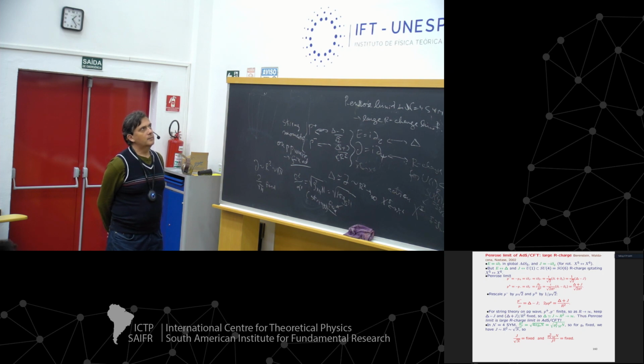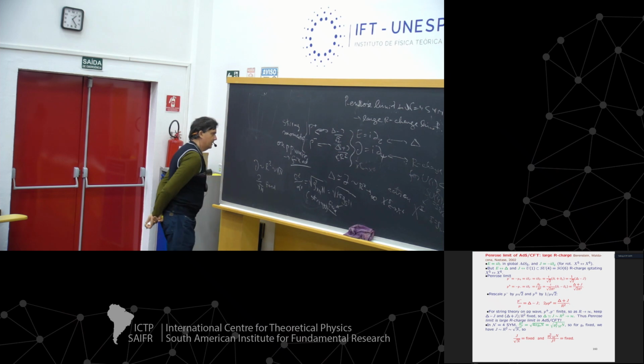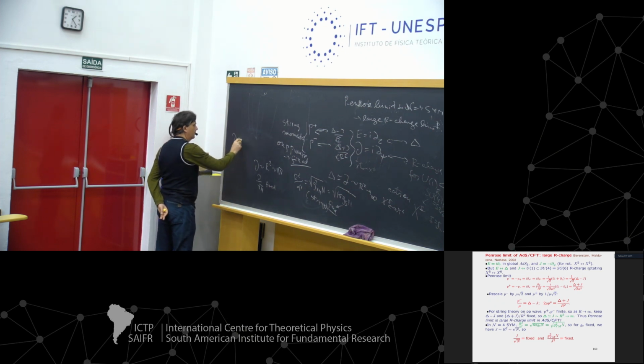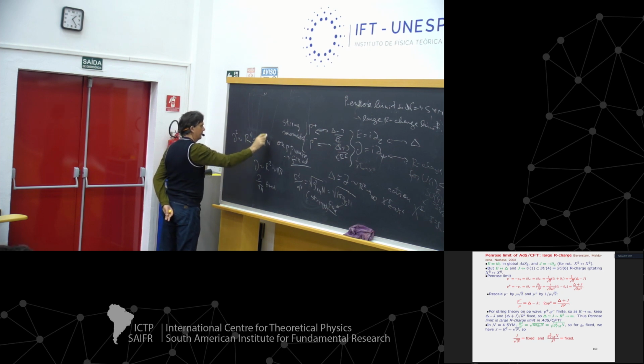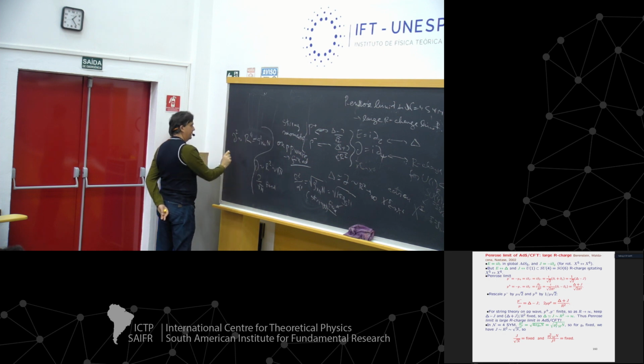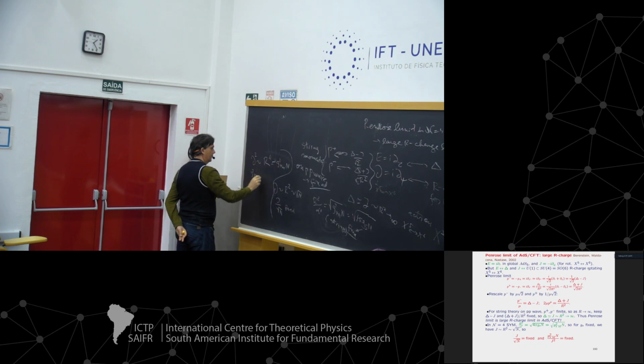And moreover, more precisely, I should say, I have that J goes like R squared, so J squared goes like R^4, which is g squared Yang-Mills n. So more precisely speaking, we have that g squared Yang-Mills n over J squared is fixed.